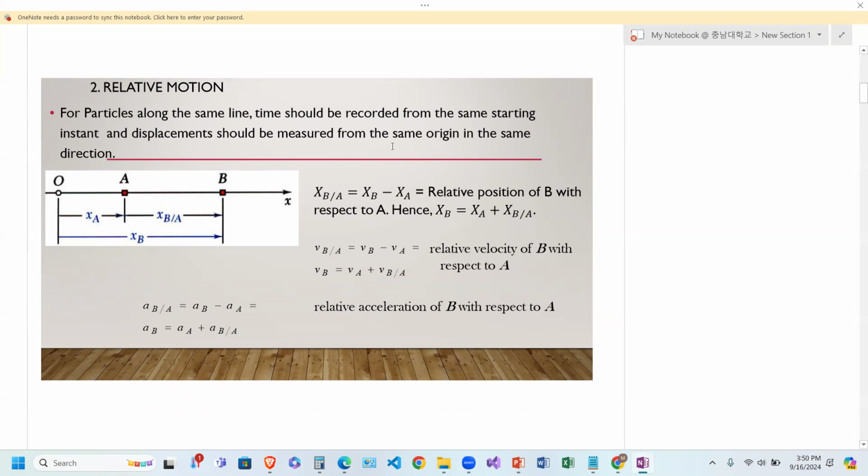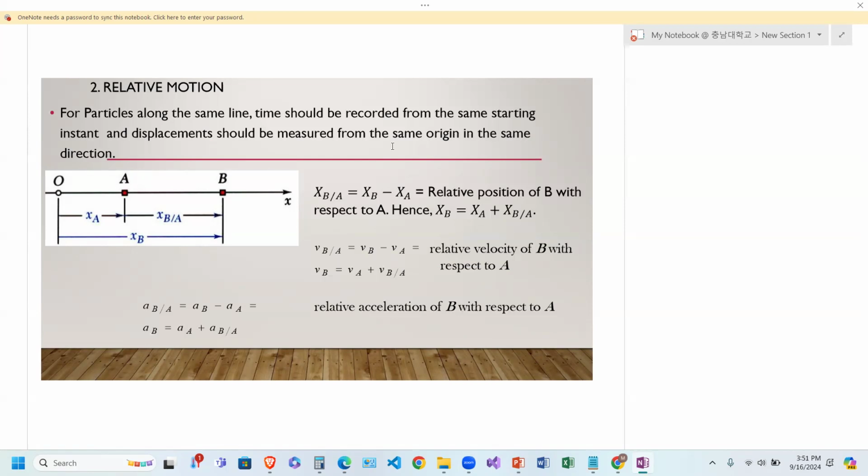So if we are to tackle particles that are in relative motion, we need to take this into consideration: time should be recorded from the same starting instant, and displacement should be measured from the same origin in the same direction.